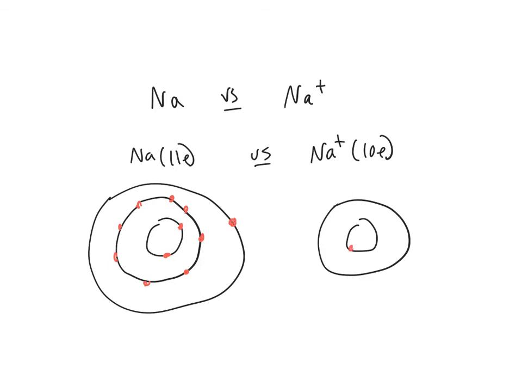And for sodium plus, 2, 3, 4, 5, 6, 7, 8, 9, 10. So sodium neutral is larger than sodium plus. And in general, we could say that the neutral metal is larger than its cation.